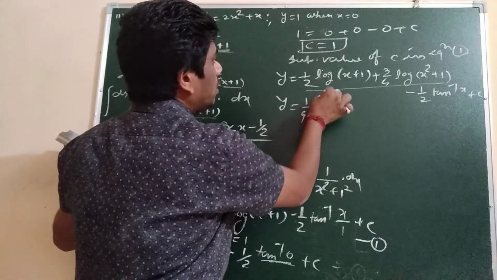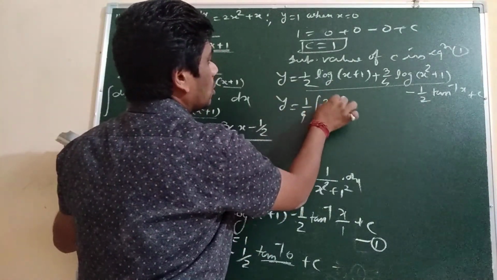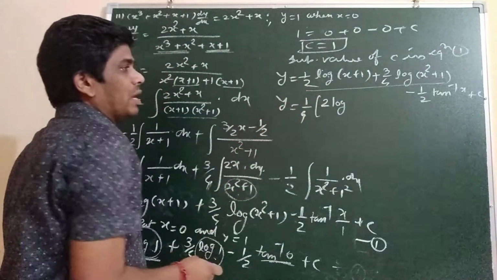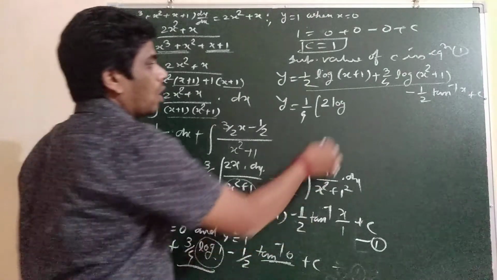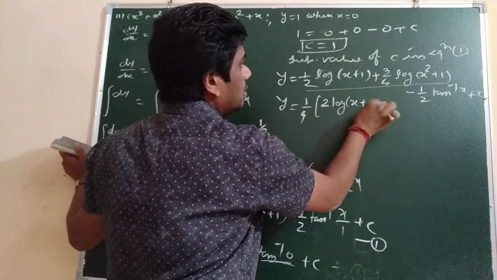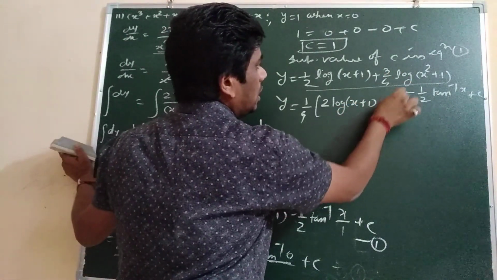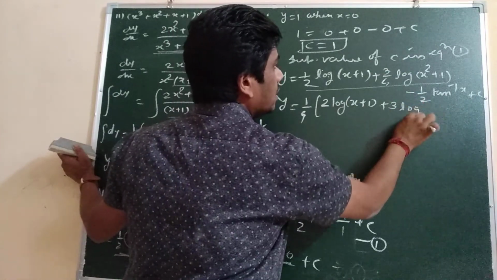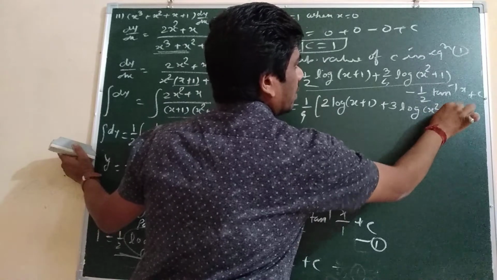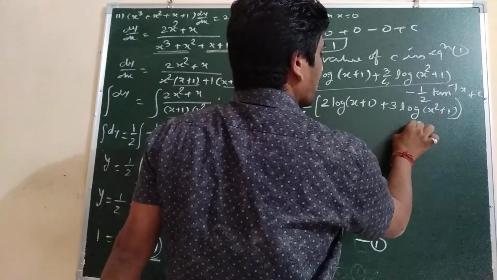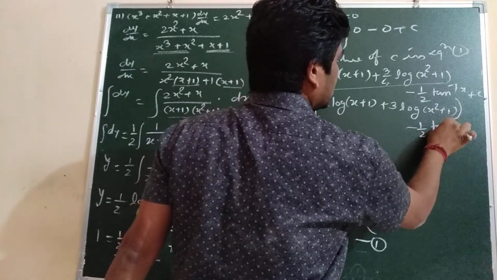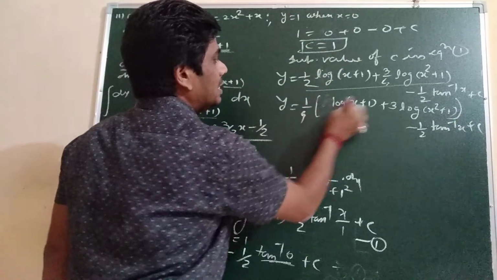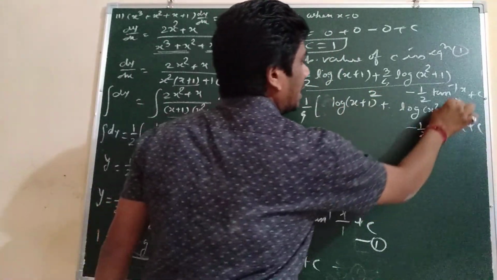So it will be 2 times log of x plus 1, because we divide 1 upon 2 by 1 upon 4 and get 2, and here plus 3 log of x square plus 1, and minus 1 upon 2 tan inverse x plus c. That 2 we can write here and that 3 we can write here.